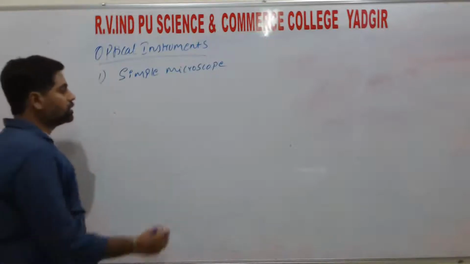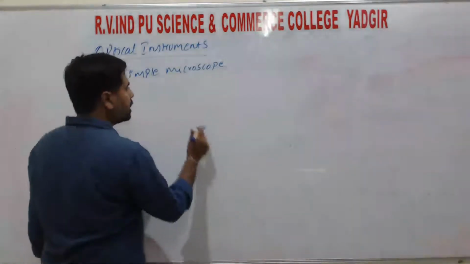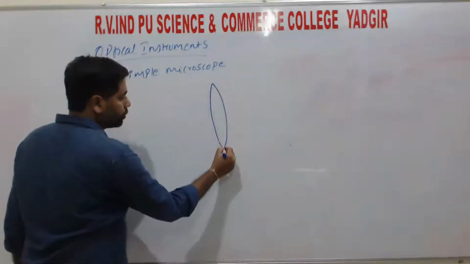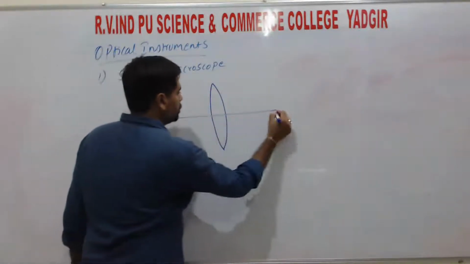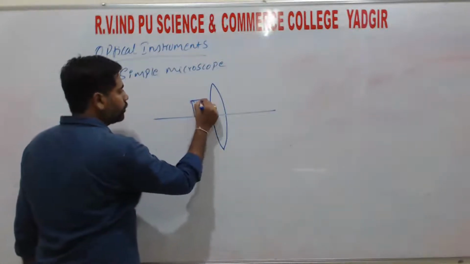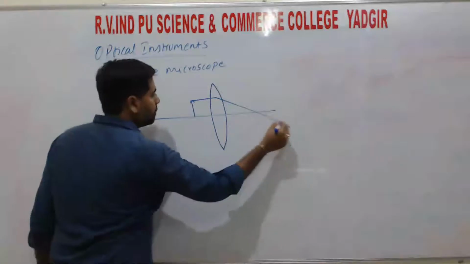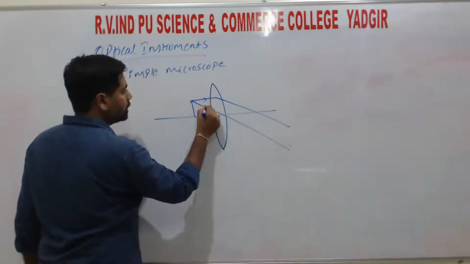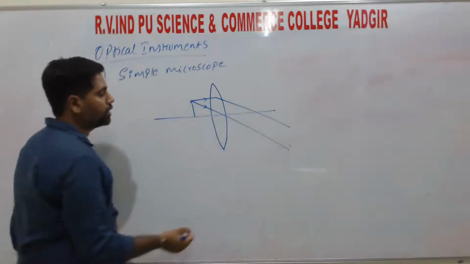So here we have the simple microscope. For the simple microscope we have a ray diagram. The object is placed near the lens, considering two rays here.